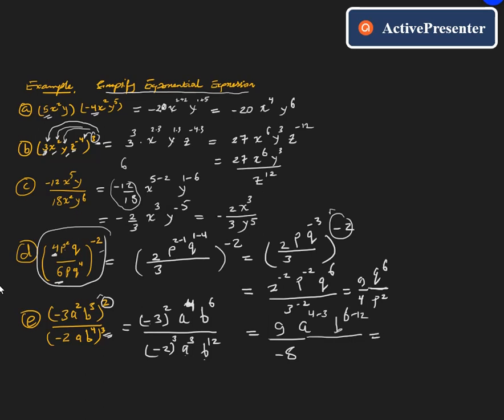So the final answer should be minus 9 over 8 multiplied in a to the power 4 minus 3 should be a. b 6 minus 12 should be b to the minus 6. So b to the minus 6, and it will go down b to the power 6, and we are done.